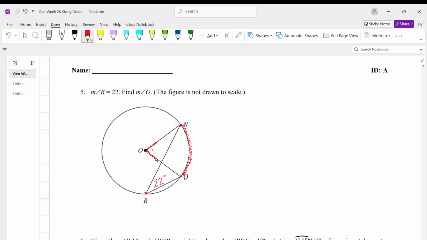Now, angle O is a central angle, and a central angle is equal to its intercepted arc. An inscribed angle is equal to half of its intercepted arc. So we can say the measure of arc NQ is equal to 2 times 22, which equals 44 degrees. So this arc is 44 degrees.